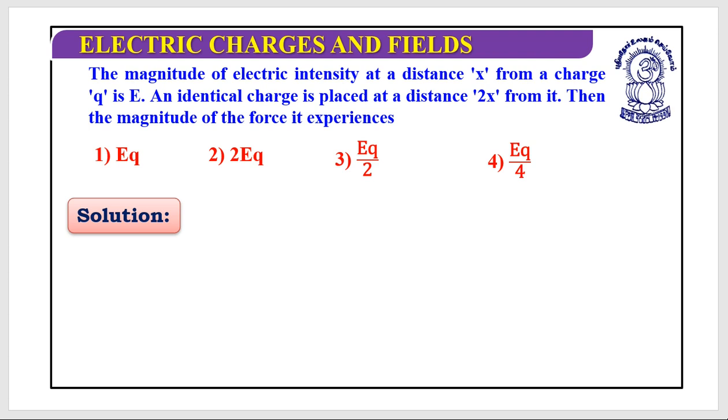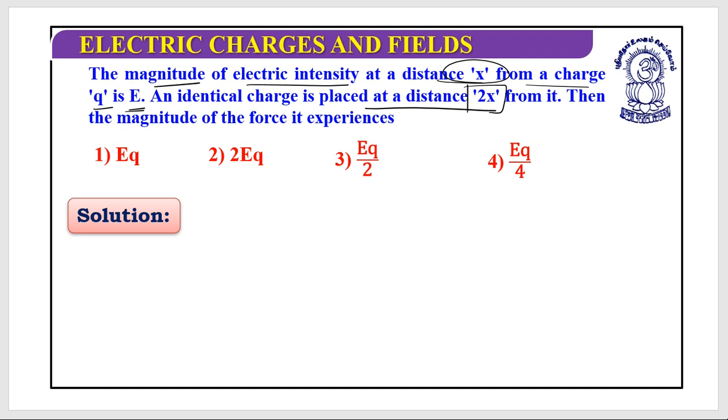Let's begin. The question given is: the magnitude of electric intensity at a distance x from a charge q is E. An identical charge is placed at a distance of 2x from it, then the magnitude of the force it experiences.